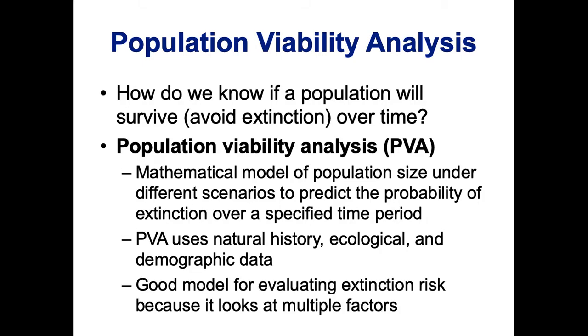And it's a good model for evaluating extinction risk because you can look at multiple different factors and better understand how different parts of the life cycle influence the probability of extinction of a population.